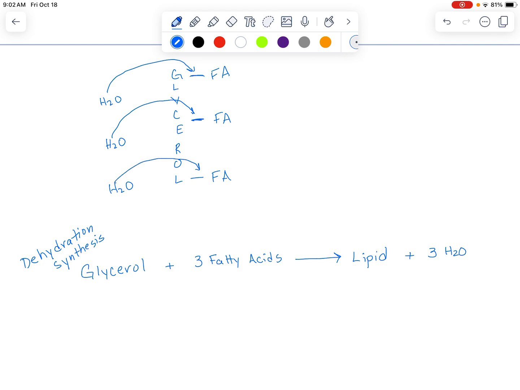And then I can get the 3 pieces back out, right? I can get the glycerol and 3 fatty acids back out. So again, it's just flipping this equation around. If I want to break that lipid, I have to add 3 waters to it. And then I'll get the individual components back out. Just abbreviating. This is hydrolysis.